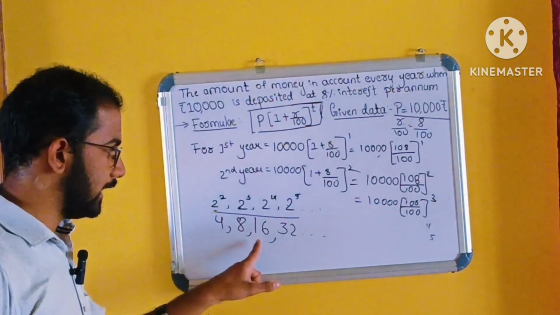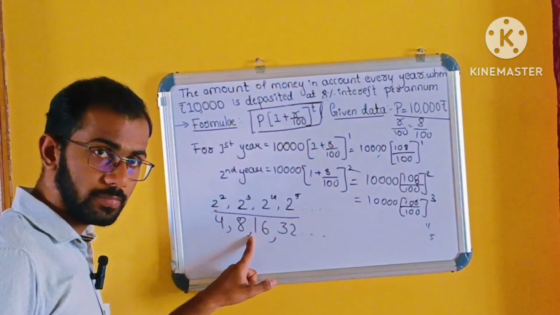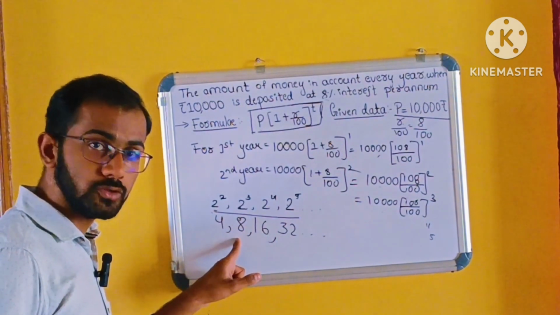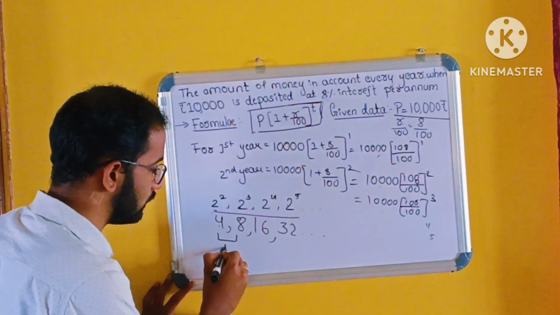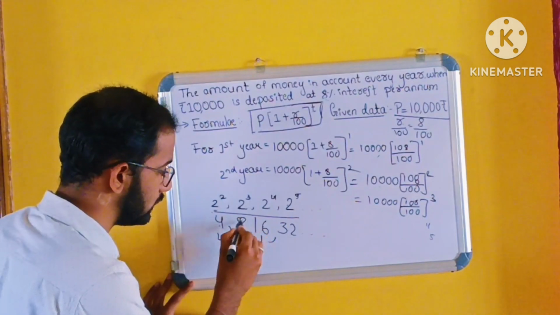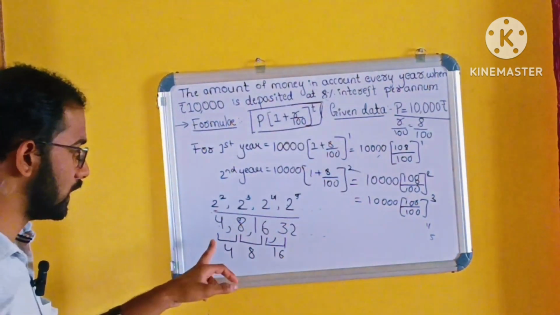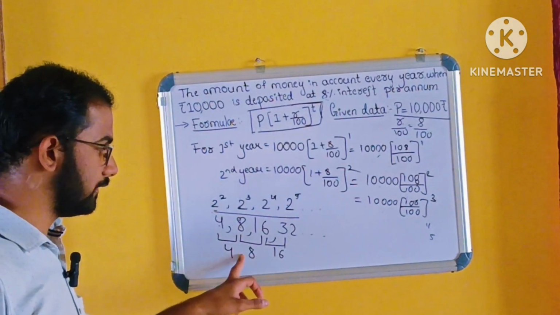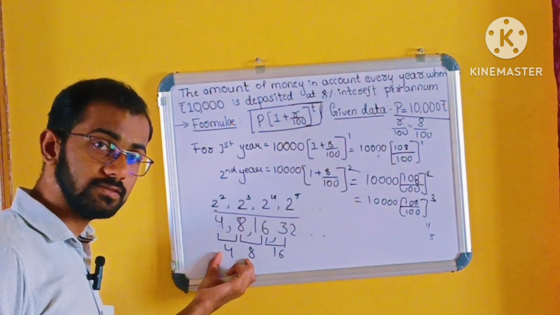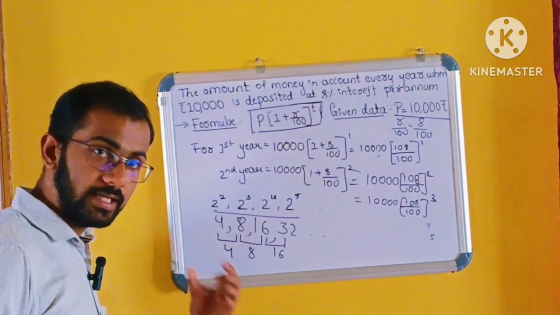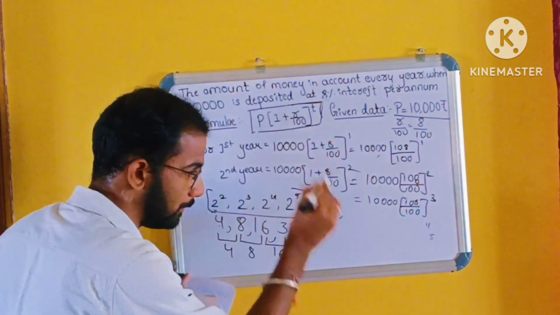If you take the difference between these consecutive numbers, the difference is not fixed. The difference between the first two is 4, between the next two is 8, and between the next two is 16. So the common difference between two consecutive numbers is not the same. Hence, this sequence is not an AP.